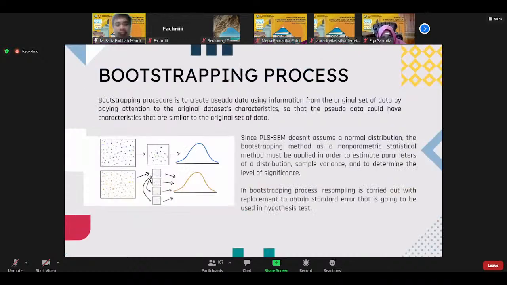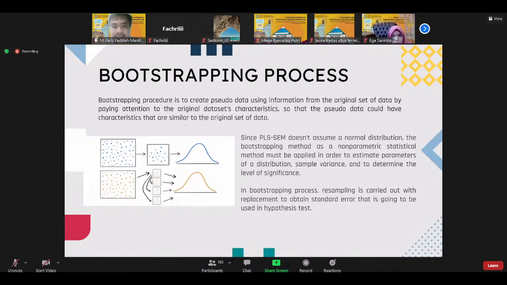Okay, and then in PLS, sometimes we need a bootstrapping process. Bootstrapping is one of the resampling methods, a procedure to create pseudo data using information from the original set of data, paying attention to the original data set so that the pseudo data have characteristics similar to the original set of data.